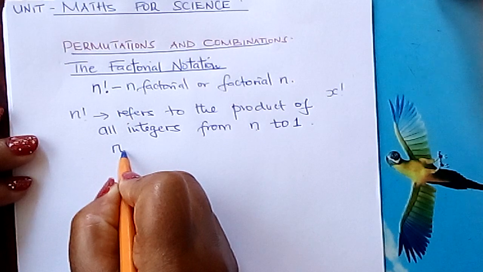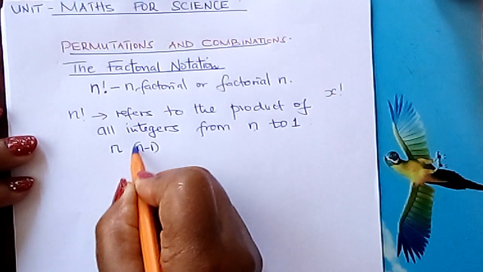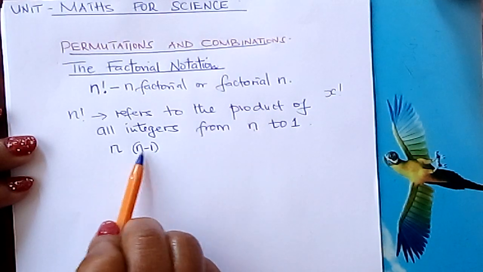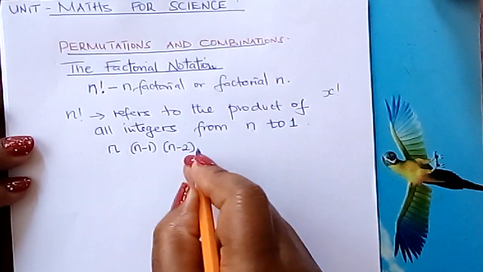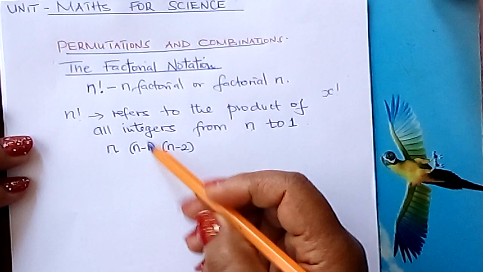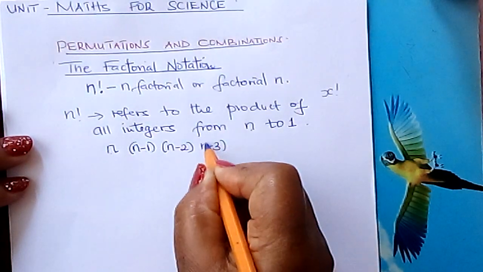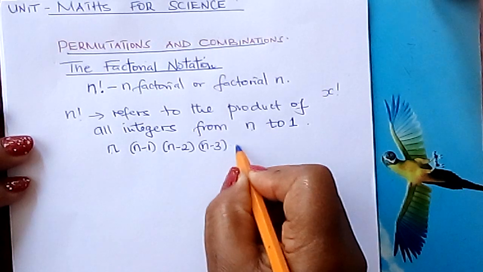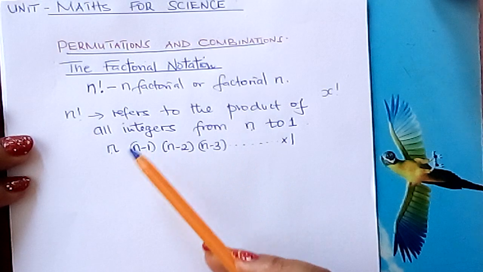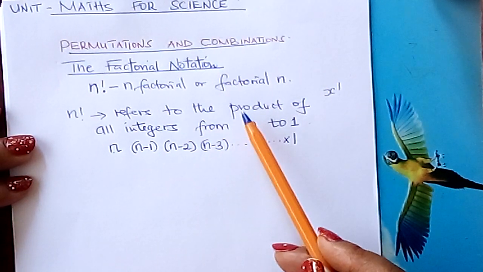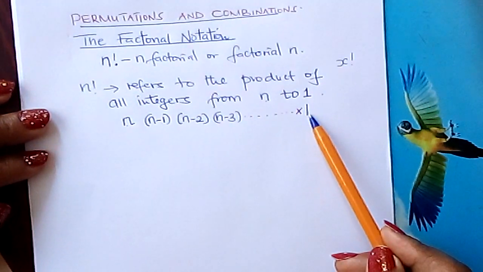You start with n, then the next number will be n minus 1. So you start with n, you multiply by n minus 1, you multiply by n minus 2, reducing the number by 1 as you move to the next number. So n minus 1, n minus 2, n minus 3 multiplied like that, all the way to times 1. So n factorial refers to the product of all the integers from n all the way to 1.